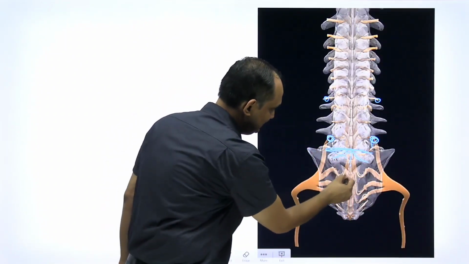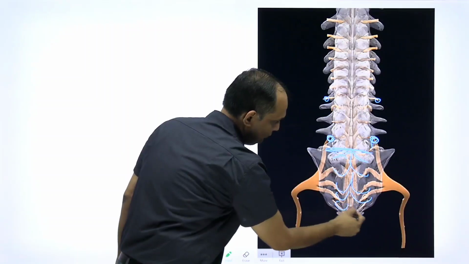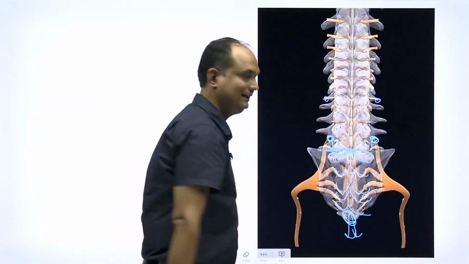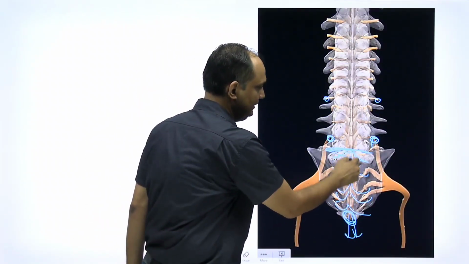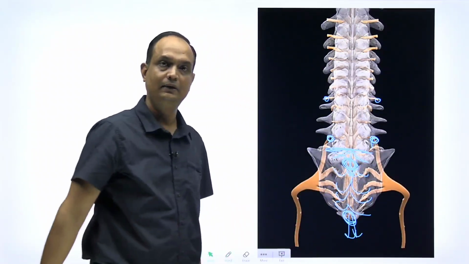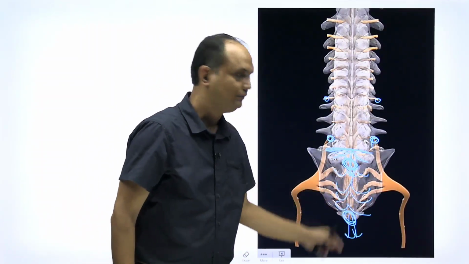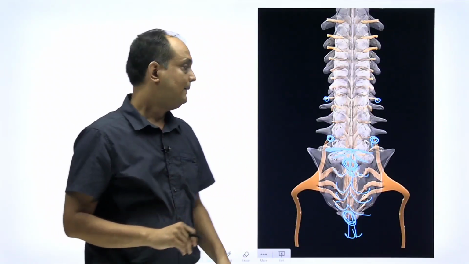So you can see that the respective nerves are coming out. Clear? So the structures that go downward from the sacral hiatus are fewer in number than the structures entering the sacral canal, because the nerves leave and come out from the adjacent intervertebral foramina.